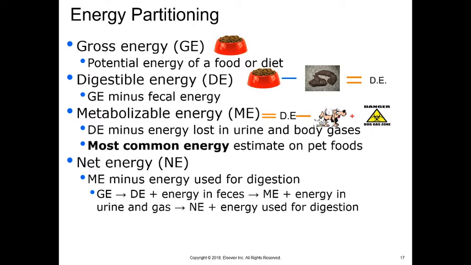So metabolizable energy, they've done some testing, or should have done some testing, on animals, measuring the amount of fluids that are released, the amount of feces that are released, and the amount of gas that is released from their body after they eat the food. Net energy is dialing it down even further from metabolizable energy minus the energy that's used for digestion. So further studies are needed in order to get that net energy.